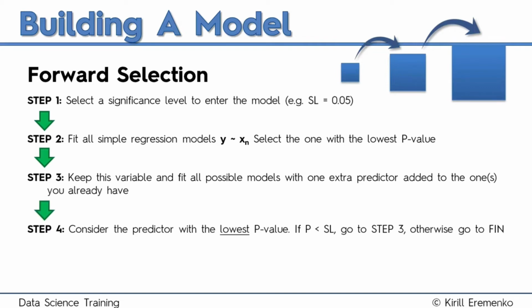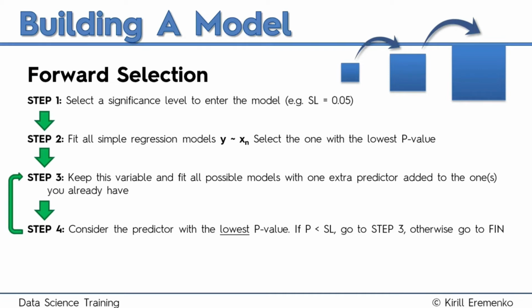So what do we do after that? Out of all of these possible two-variable regressions, we consider the one where the new variable that we added had the lowest p-value. If that p-value is less than our significance level, meaning that that variable is a good one, a significant variable, then we move back to step 3.